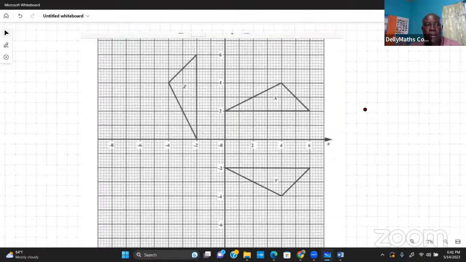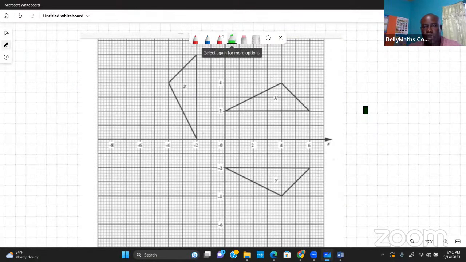Let me mark them for us. Here is X, here is Y. So it's a reflection. Where is the mirror line? The mirror line is going to be halfway between the image and the object. Observe the image, observe the object.